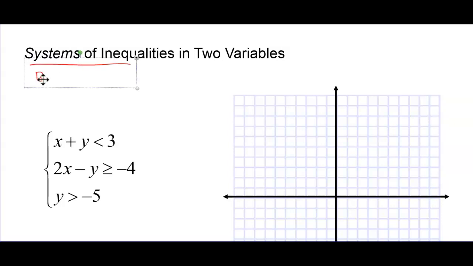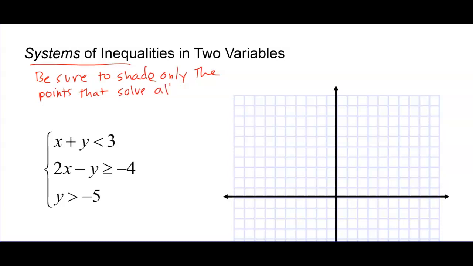So be sure to do that right. Be sure to shade only the points that solve all inequalities. And I'll show you why that can get a little confusing in a second.